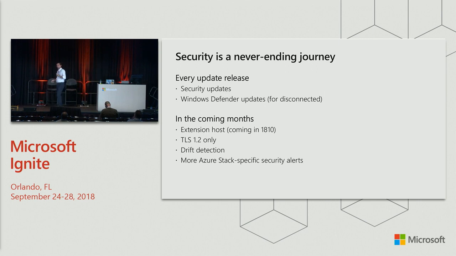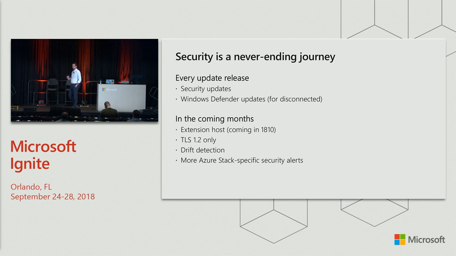As I mentioned earlier, we are moving to support only TLS 1.2. We are working on building a drift detector inside the infrastructure. What that does is look at the configuration and determine whether the system has moved away for any reason from the golden state. And if it does, it's going to alert you so that you can promptly remediate.